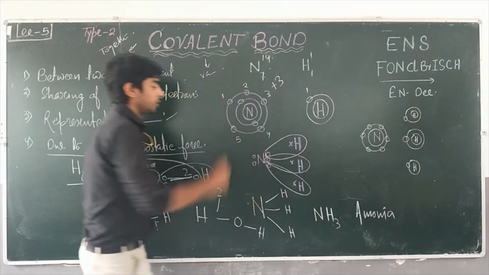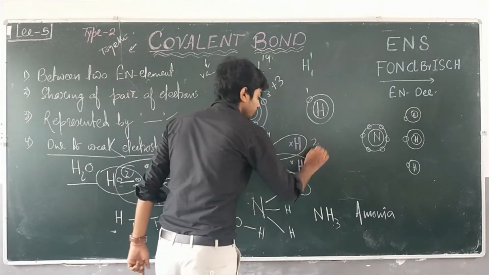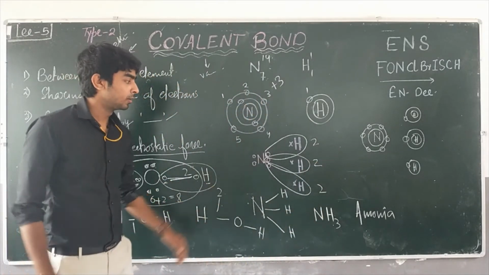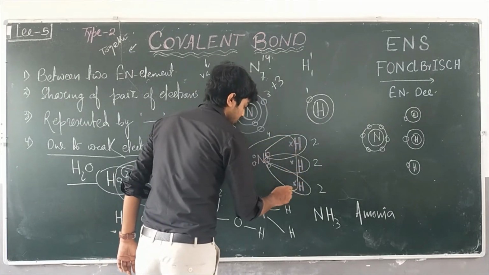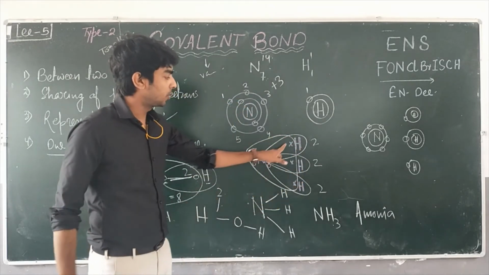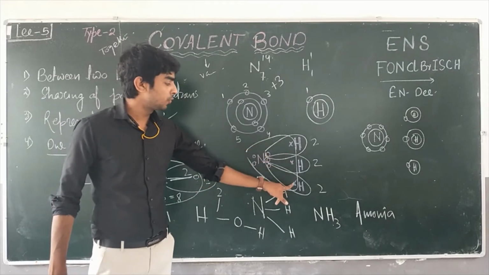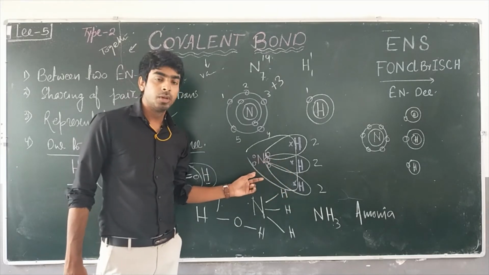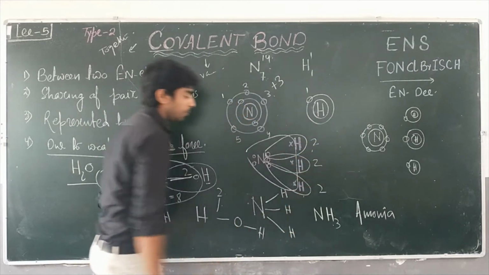This hydrogen took a nitrogen electron. Now each hydrogen has completed 2, 2, 2. But nitrogen has not yet taken. It will take again. So you can see 5 electrons were there, and each hydrogen's electron has been shared by the nitrogen. Now nitrogen has completed its octet, and each hydrogen has completed its shell.